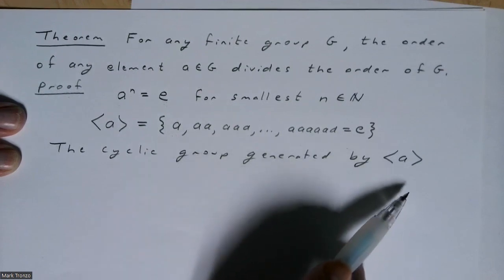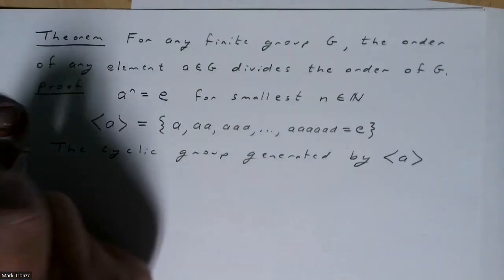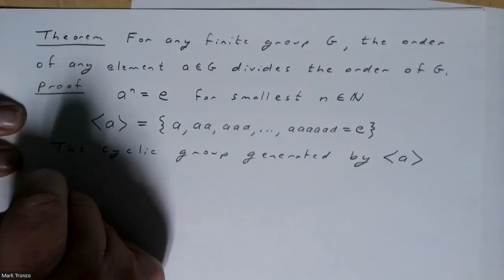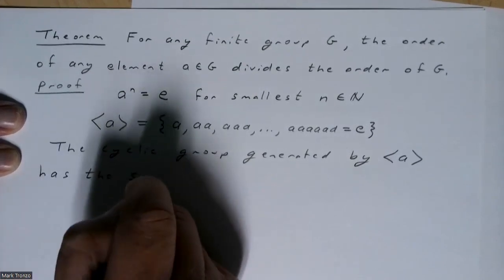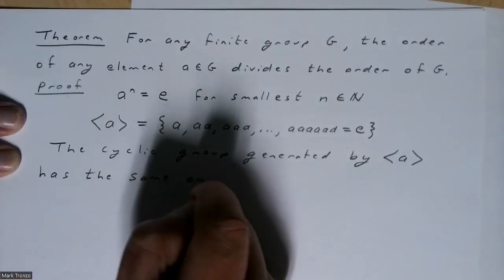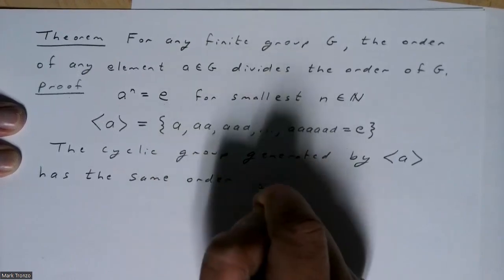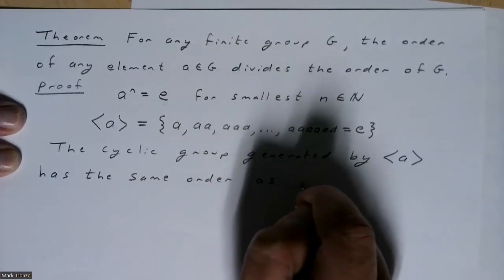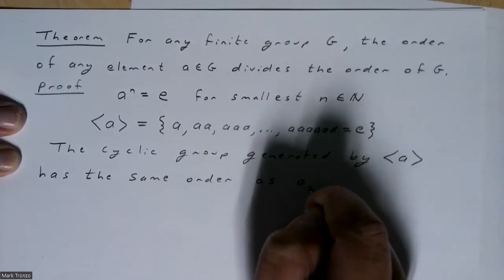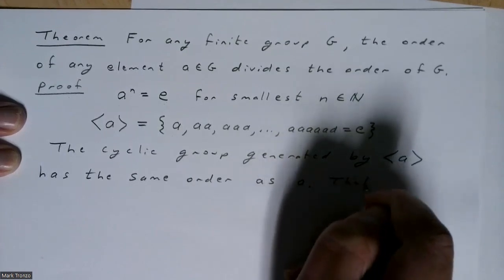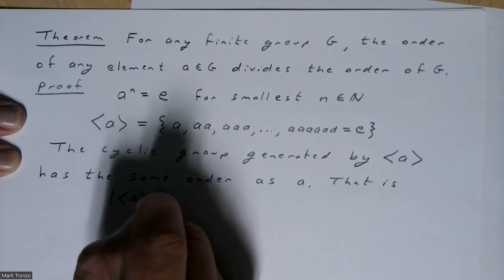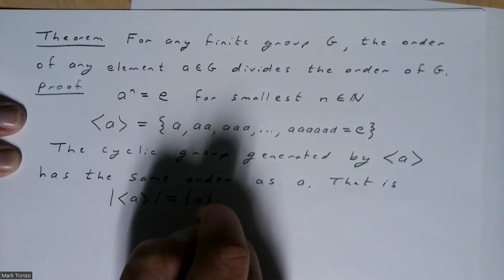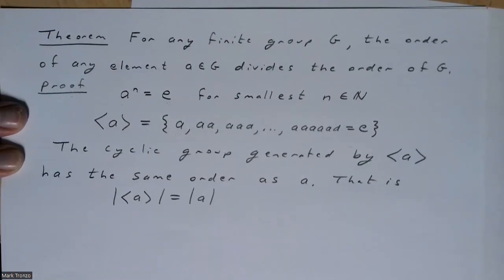So the cyclic subgroup generated by A has the same order as A.